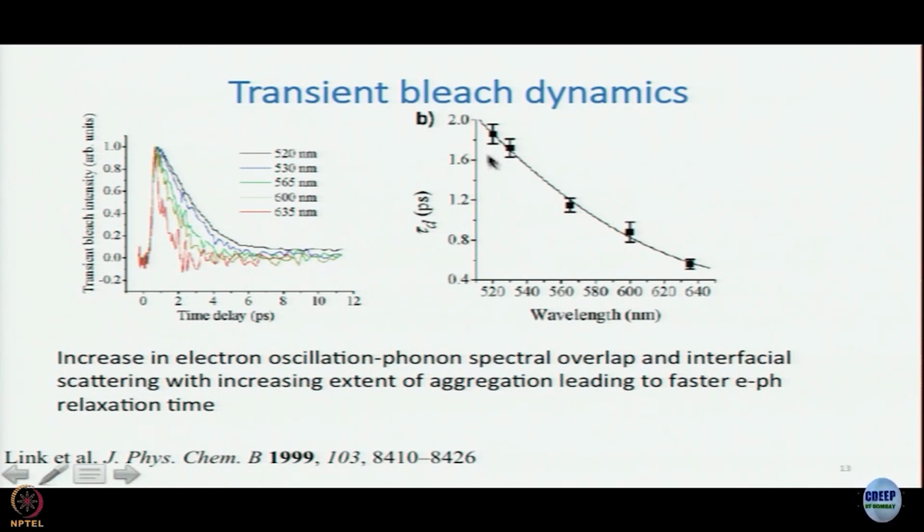But anyway, what you see is that as wavelength increases, electron phonon coupling becomes smaller. Now, this is a little sloppy way of doing things, because we know very well that whatever signal we get at whatever wavelength is not from one species. It is impossible to select one species by just changing the wavelength.